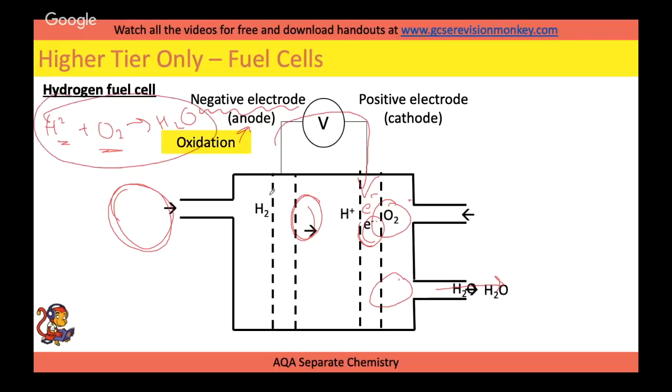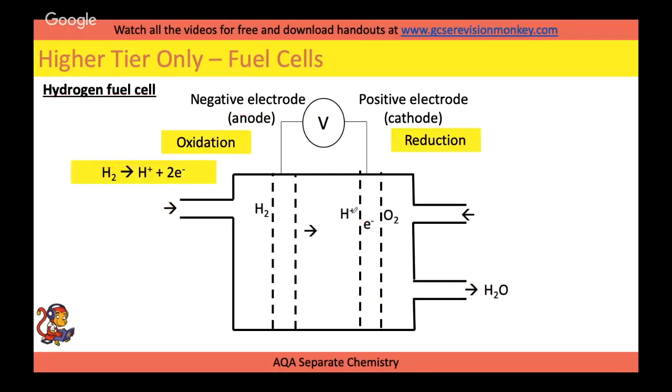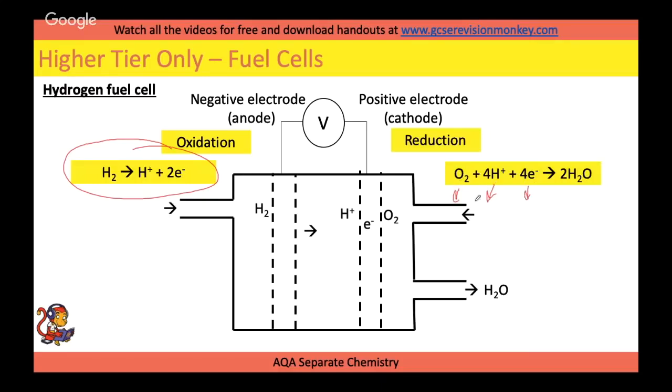The hydrogen gives away electrons, that's oxidation, and over here we've got a gain of electrons, which we call reduction, when the oxygen reacts with the hydrogen and the electrons to produce water. So these are the two half equations for the fuel cells. You've got the hydrogen turning into hydrogen ions and losing electrons, and you've got the oxygen and the hydrogen ions gaining those electrons to turn into water.